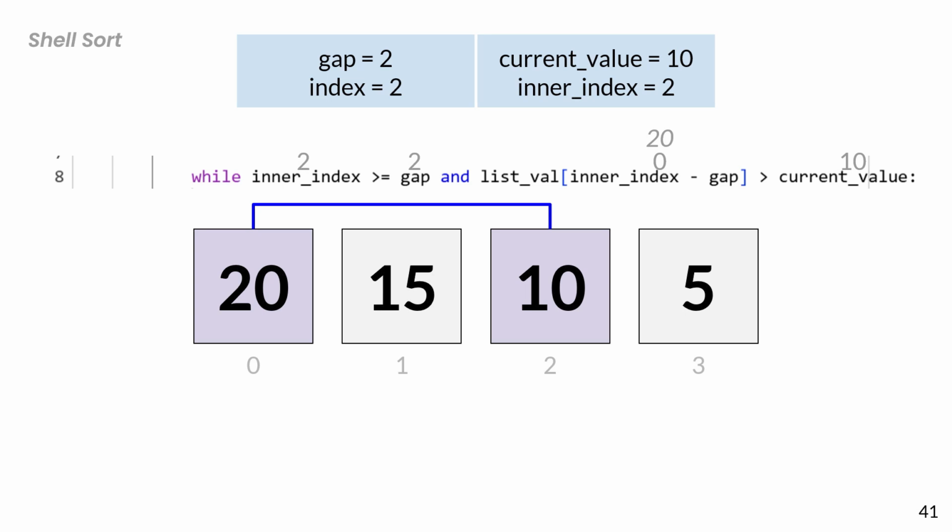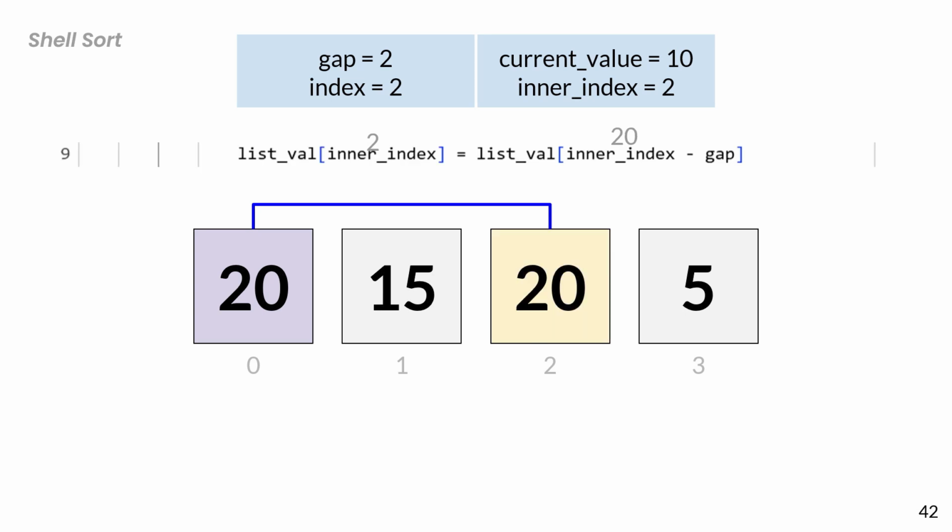This results in 0. However, 0 just represents the index for the list value. At index 0, it is equal to 20. Next, it checks if 20 is greater than the current value of 10, which is true. If both conditions are satisfied, we shift the bigger element forward by gap positions, overwriting the current position.